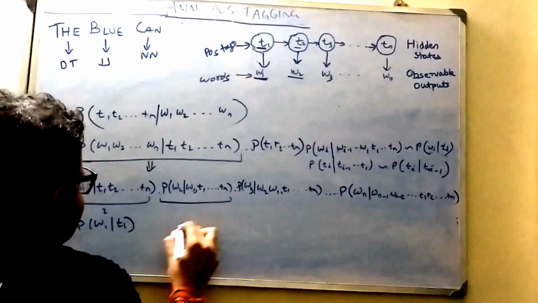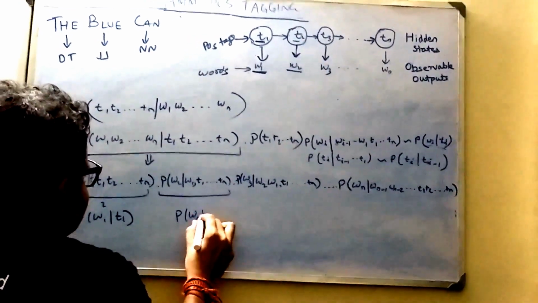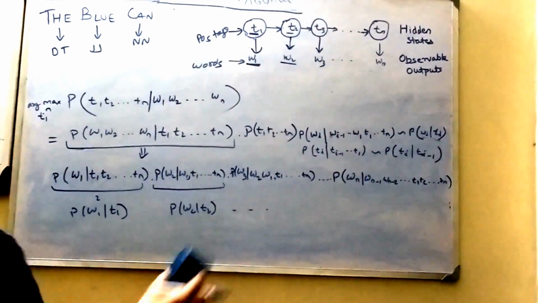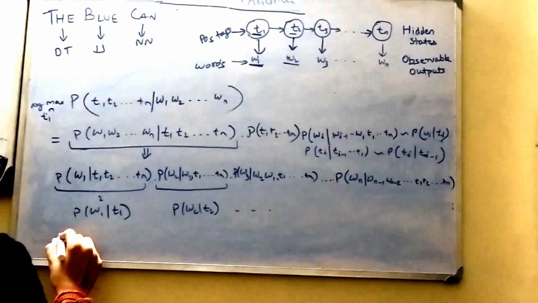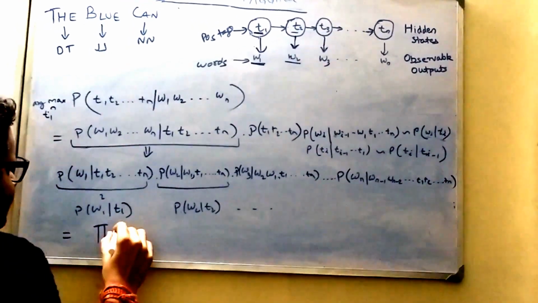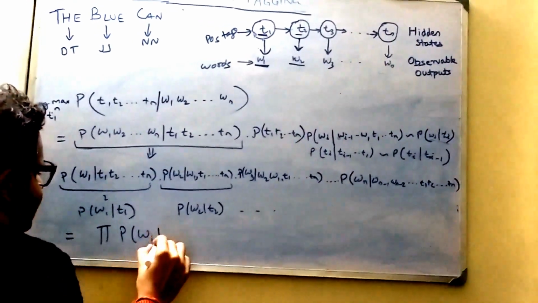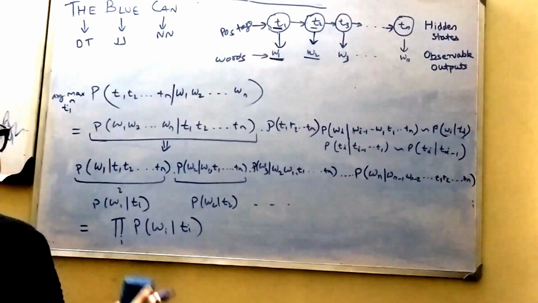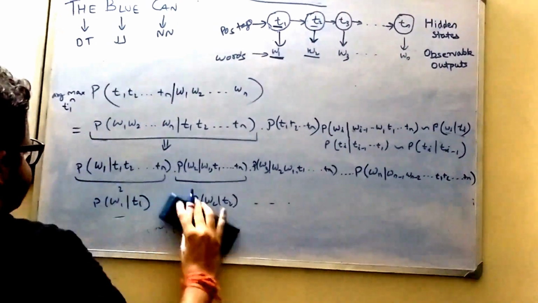Similarly, we can approximate this to be probability of w2 given t2, so on and so forth. So the first part of the equation reduces to nothing but product of probability of wi given ti for all i. So let's replace this in the first part of the equation.